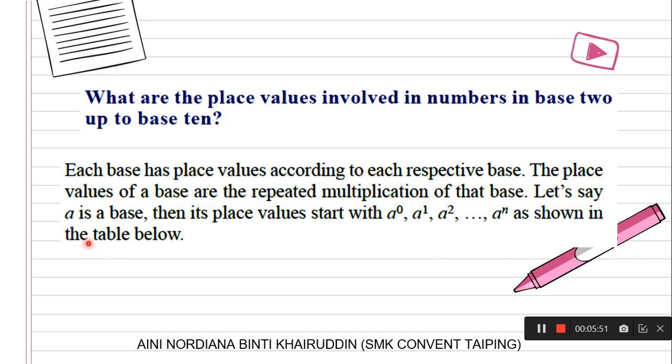Let's say A is the base, then its place values start with A to the power of 0, A to the power of 1, A to the power of 2, until A to the power of n, as shown in the table below. So, in the next slide.